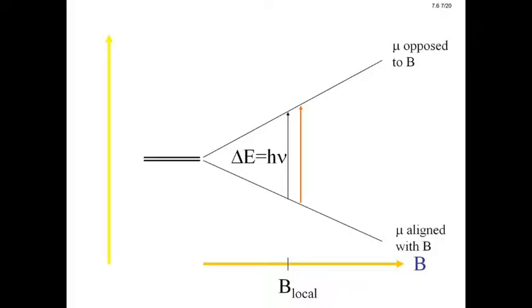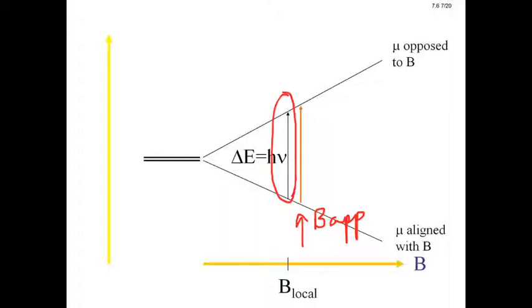Now this situation here shows you what happens when you're looking at a different chemical environment. You see, this was B applied, that was B applied before, but because of the localized variations within the molecule, you get a slight shift in what different environments observe.